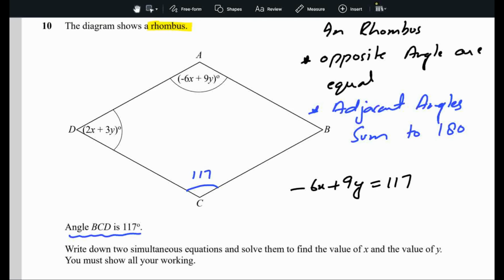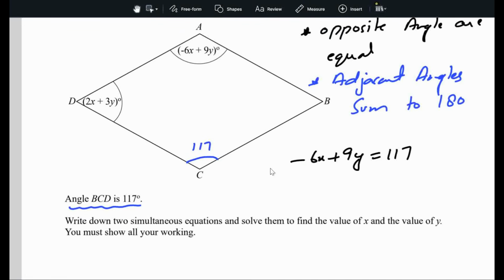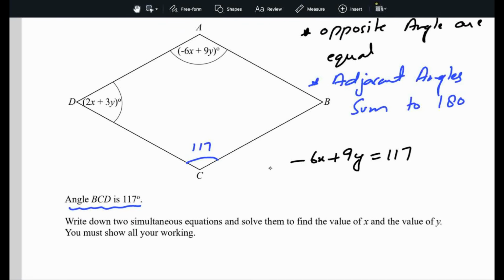And the second statement means that 2x plus 3y plus 117 is equal to 180.